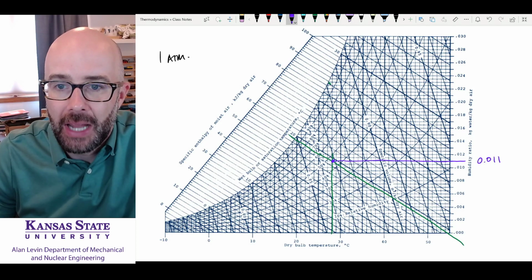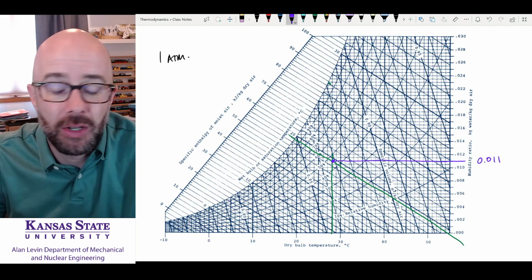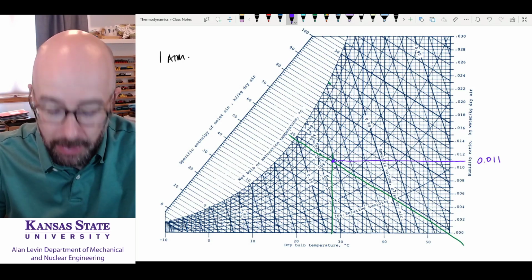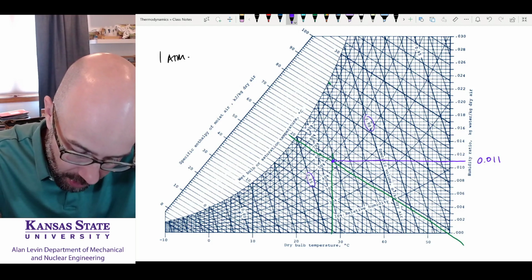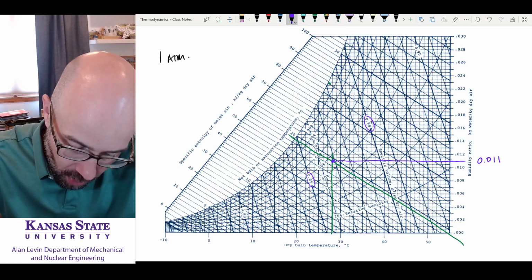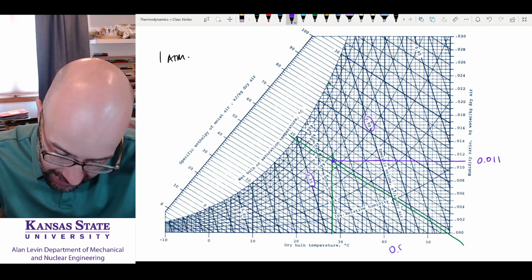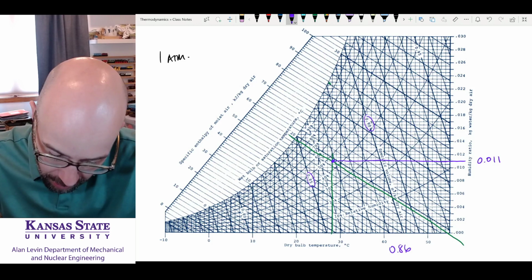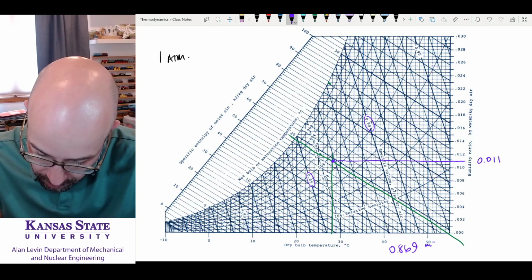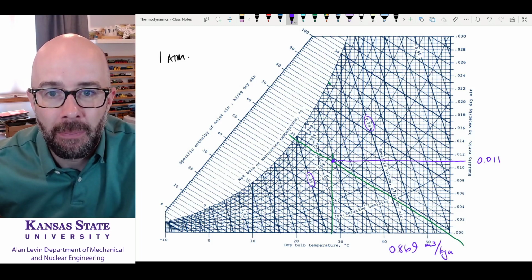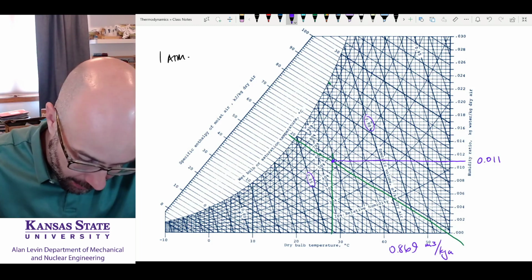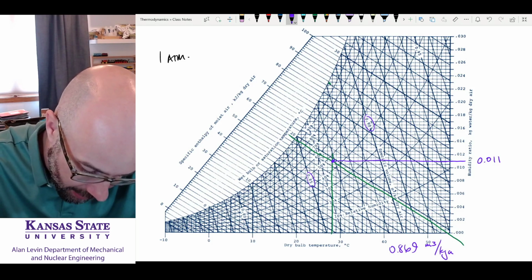It's also going to tell me what my specific volume is. Here's 0.85 and here's 0.90. I am about 0.86, probably 0.869 meters cubed per kilogram of air is what my specific volume is. I can find out what my specific enthalpy is if we just go right up here.